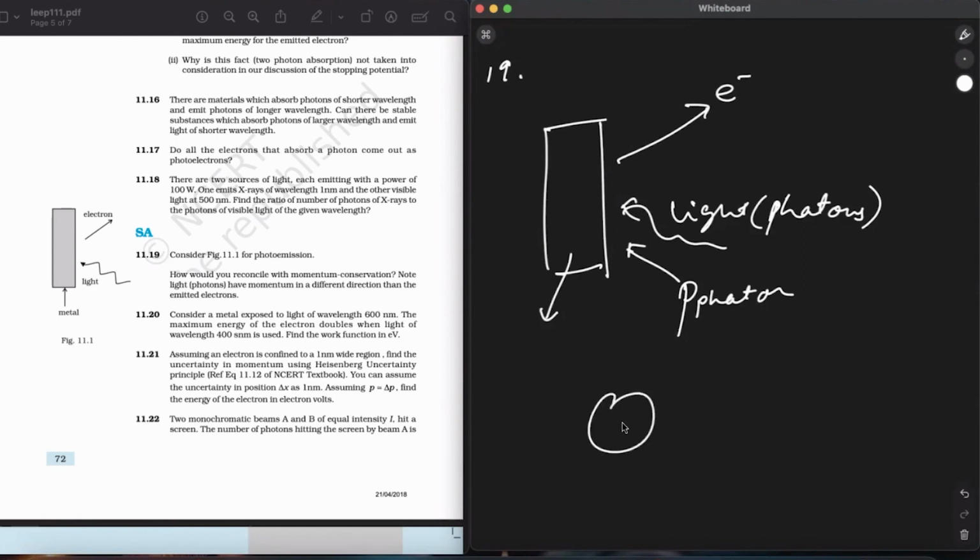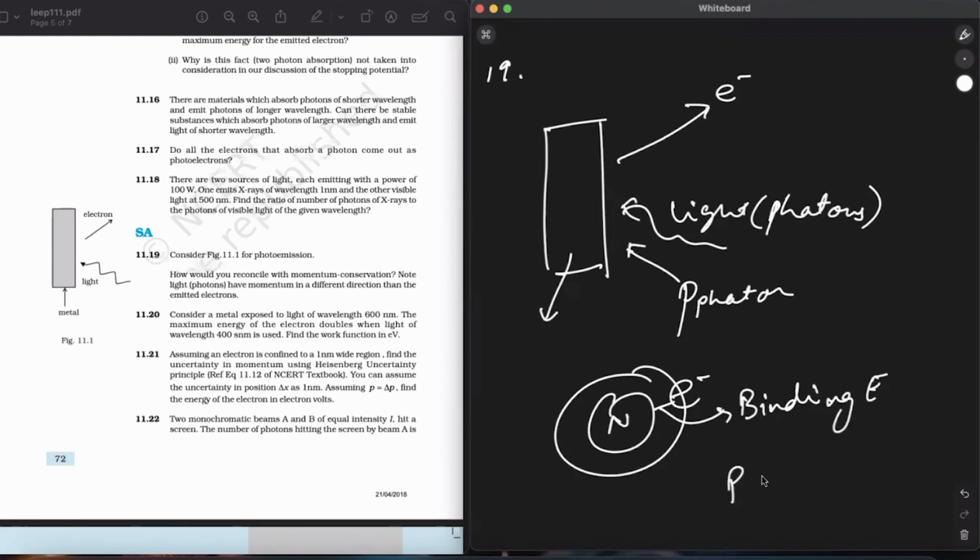Like this is the nucleus and this is where an electron is. There is some binding energy, but the momentum of the photon is coming and has been absorbed by this nucleus and some by this electron. So due to this momentum, this electron pops out of this network, and this electron may get enough energy to go out as a photoelectron.